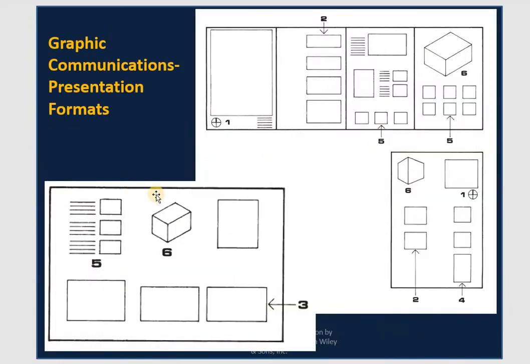Now in a private communication presentation, you can show it like this. I can go with number 1 with a lot of drawings, and after that the scale with the notes right here. And in here they can show the floor plan, elevation, section cut, or something more.